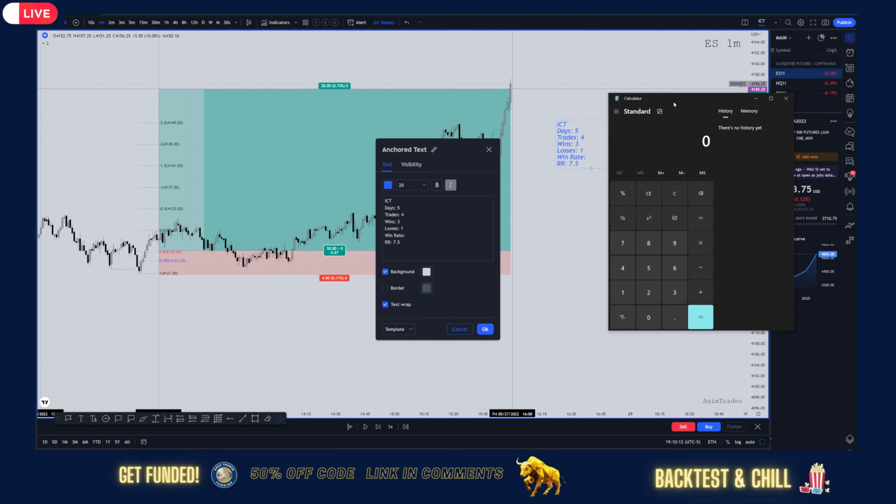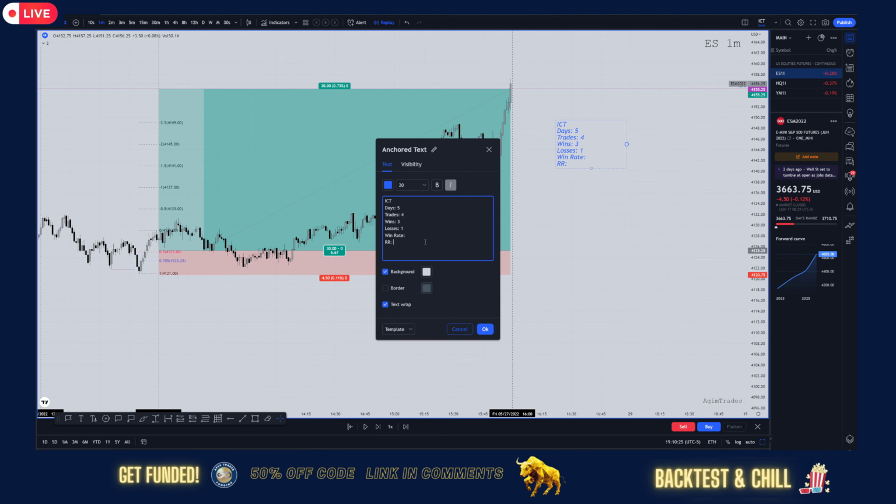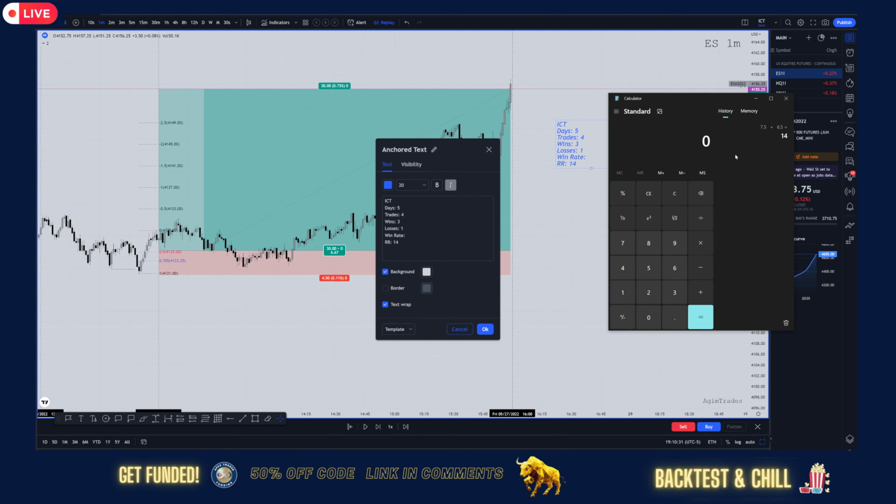Really good risk reward. 7.5 plus, we'll call it 6.5. 14R on the week using ICT methods. Really great. Okay, so that's a win rate of what? 75%.